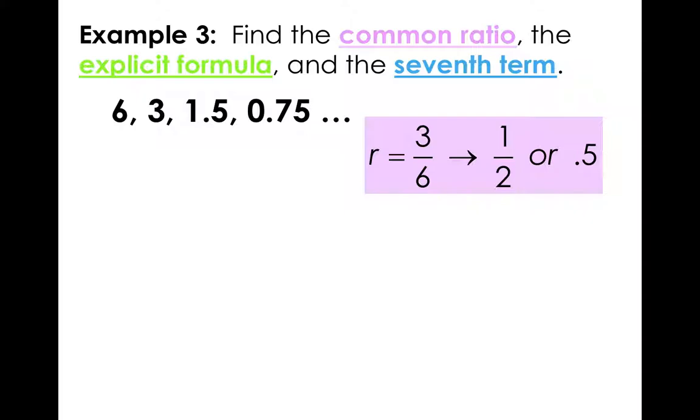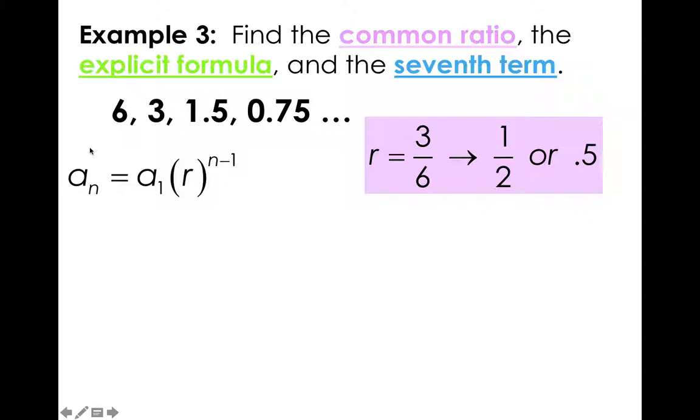But now we want to figure out what the explicit formula is. So when we do the explicit formula, notice that we're just going to substitute in the things that we know or that we found. Well, we don't know what term we're trying to find in this case because we're dealing with the explicit formula. But we do know what the a sub 1 is. And we know that the a sub 1 right here is 6. Isn't that right, Mr. BB?